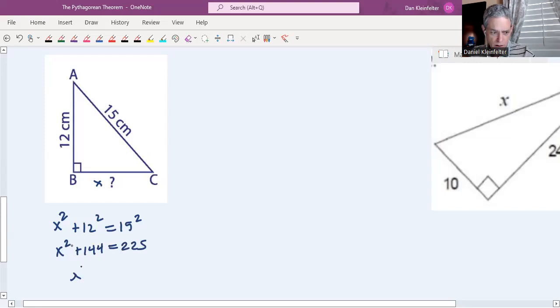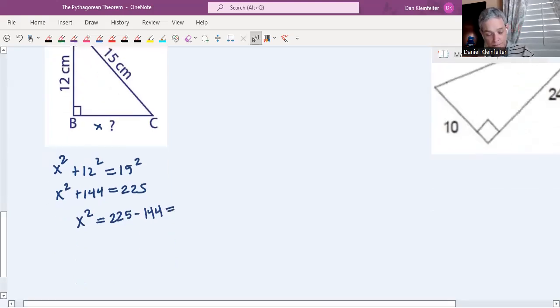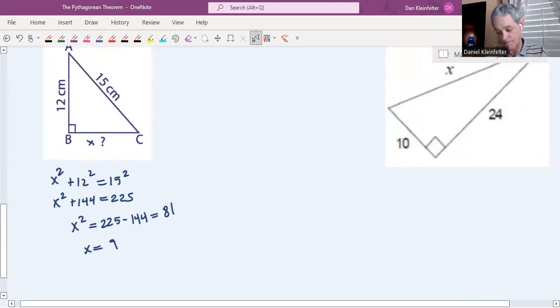So then x squared will be 225 minus 144. So that is 81. And so x has to be 9. Okay, so the length of BC is 9.